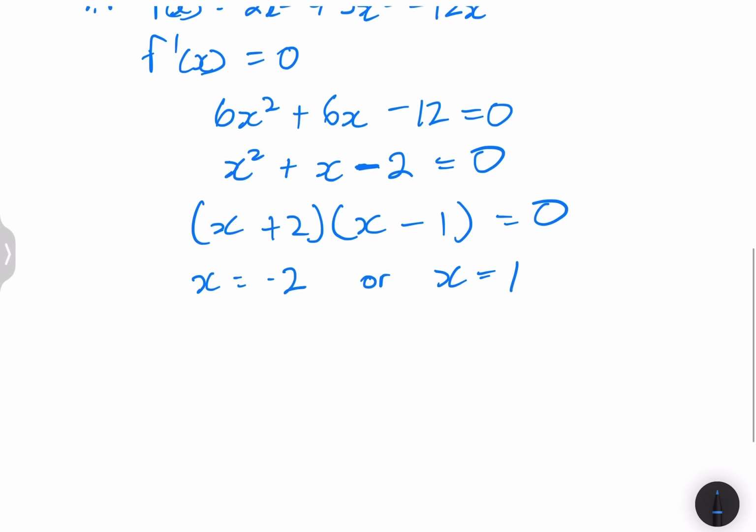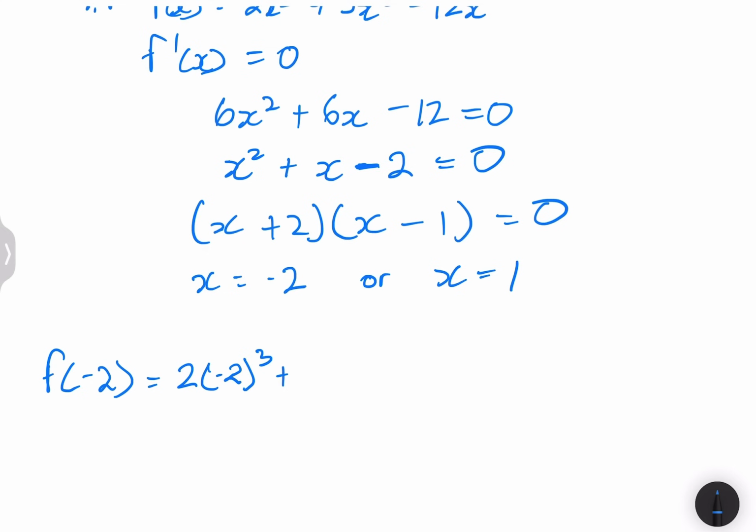Now remember, we're looking for the turning points. So now that we've got the x values of the turning points, how do we get the y values? We're going to substitute the x values into the original equation. Please note that. So that's going to be minus 2. So that's 2 into minus 2 cubed plus 3 times minus 2 squared minus 12 times negative 2, right?